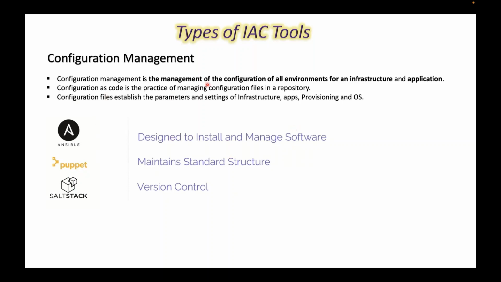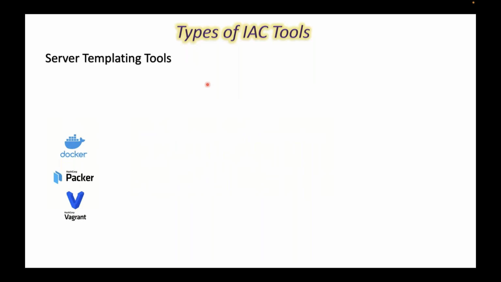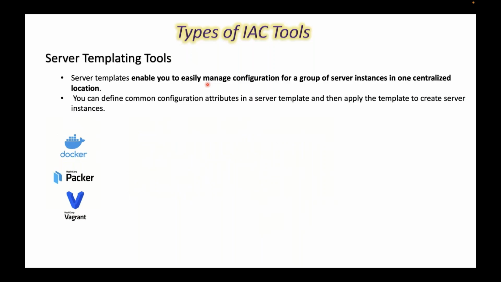And what is server templating? Under server templating, we have Docker, Packer, and Vagrant. As you know, Docker is a lightweight server. Here the server is also one infrastructure, right? We are creating a lightweight server with the required components or packages, so that it can be used as a template.